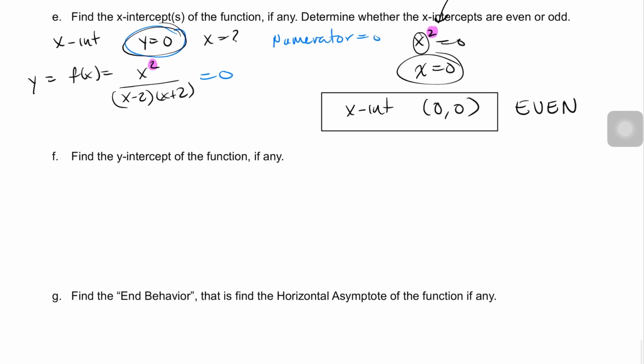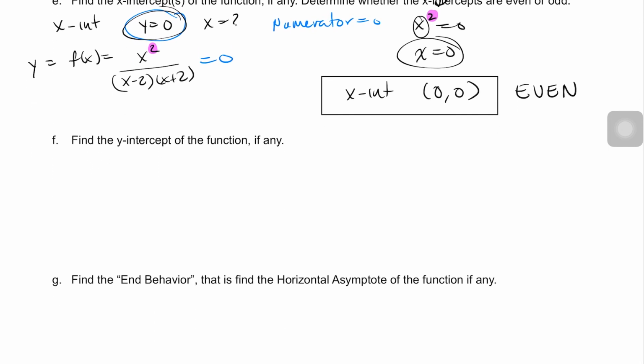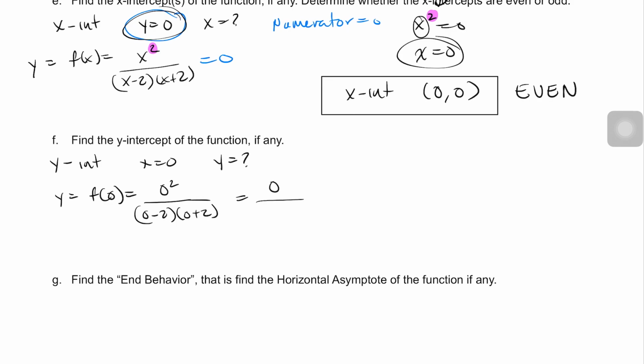x-intercept. Excuse me. And let's find out the y-intercept. So the y-intercept happens whenever x equals 0. We're going to find the value of y. So that happens by going back to the function, plugging 0 for x. This will give us 0 squared, which is 0, over negative 2 times positive 2, 0 over negative 4, which is 0.